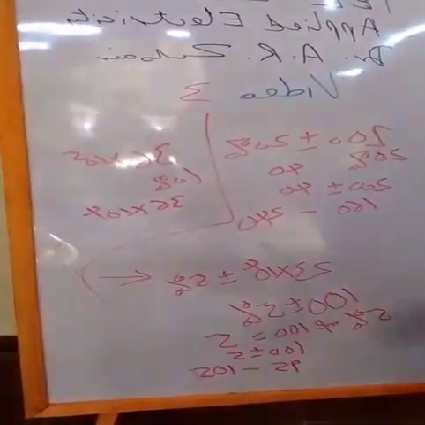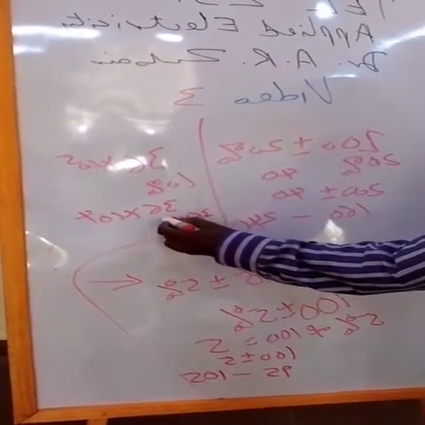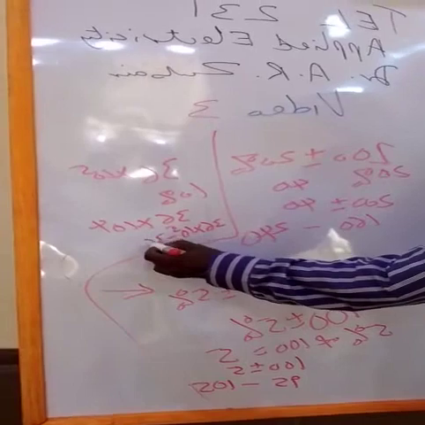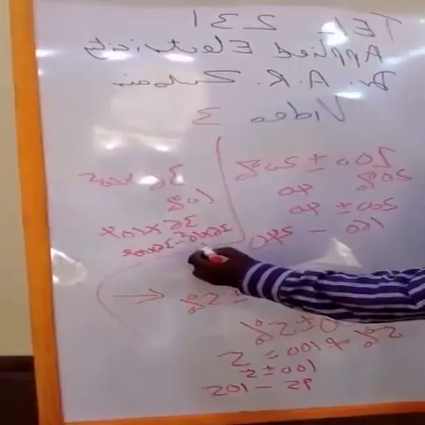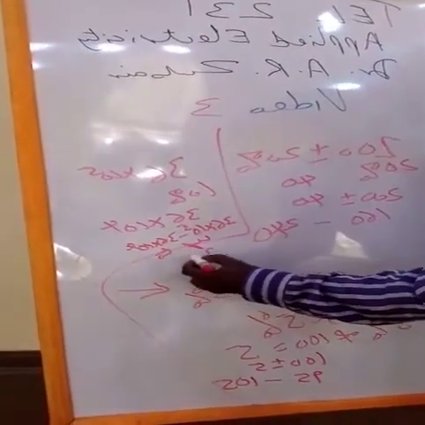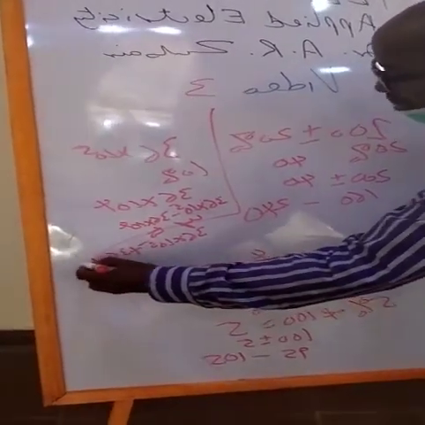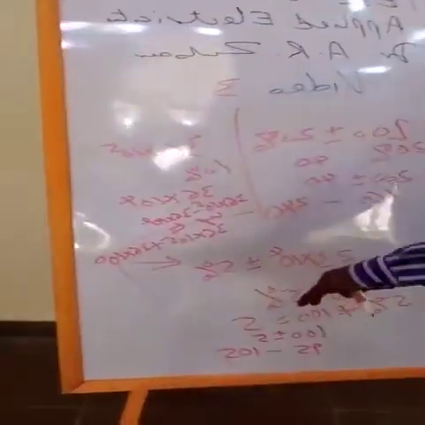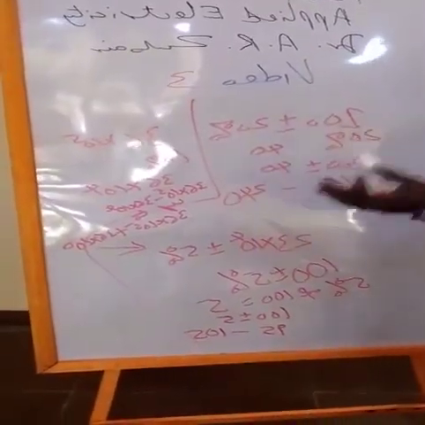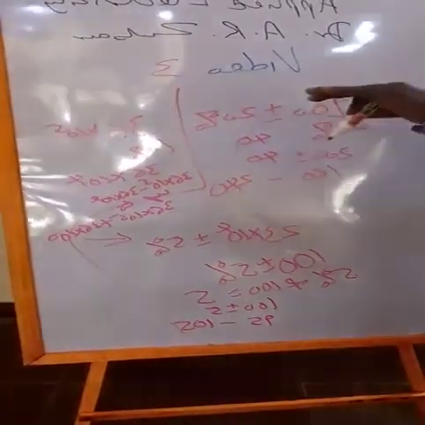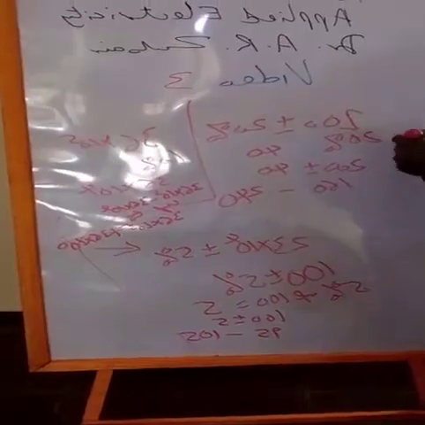And that will mean that my value can vary from 36 times 10 raised to power 5 minus 36 times 10 raised to power 4 up to 36 times 10 raised to power 5 plus 36 times 10 raised to power 4. It is minus tolerance to plus tolerance. The figure minus tolerance or the figure plus tolerance. It will vary in between that. You can get the actual figures.